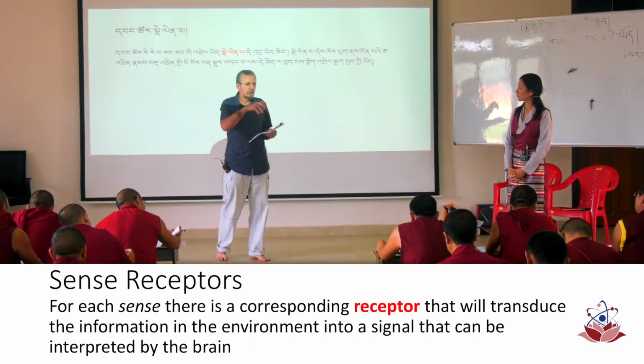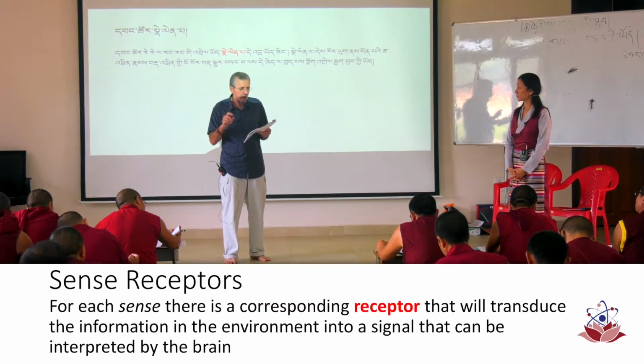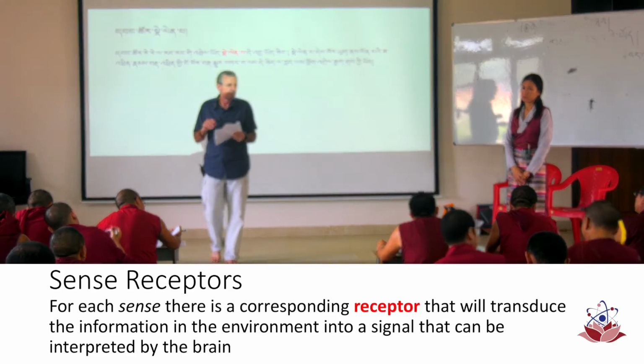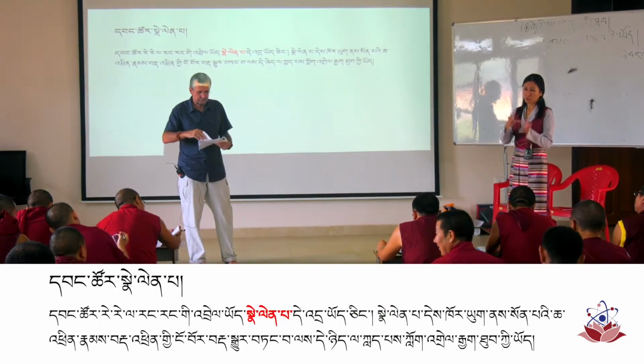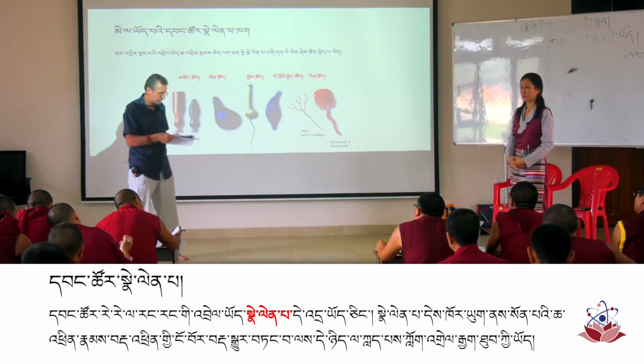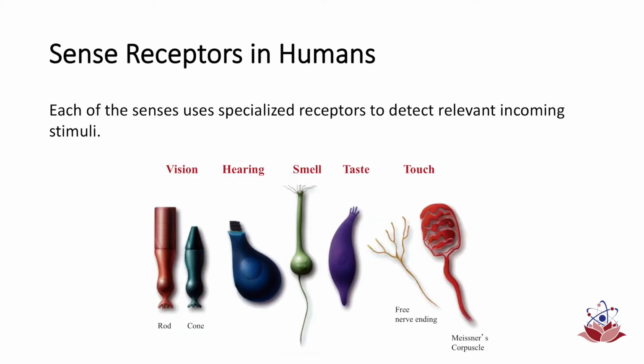And they transduce this sensory information into a signal that is sent to the brain for interpretation. So for each of the senses, we have very specific receptor cells.